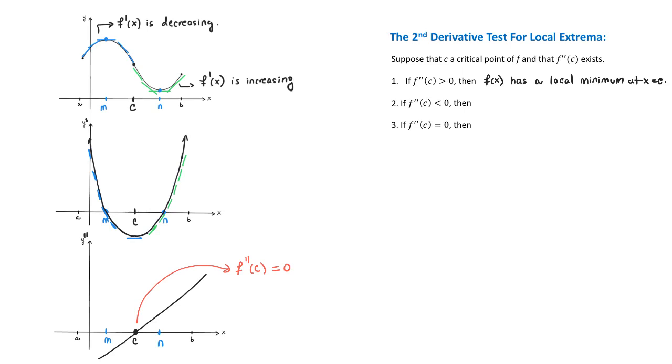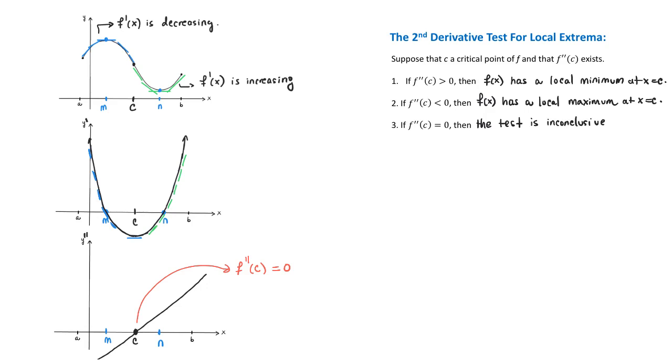Then if the second derivative is less than 0, if it's negative, then f of x has a local maximum at x equals c. And if the second derivative at c happens to be equal to 0, then the test is inconclusive. Then the test, in other words, the second derivative test, is inconclusive.